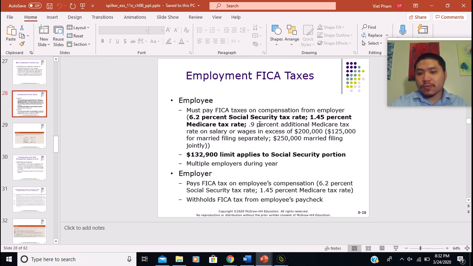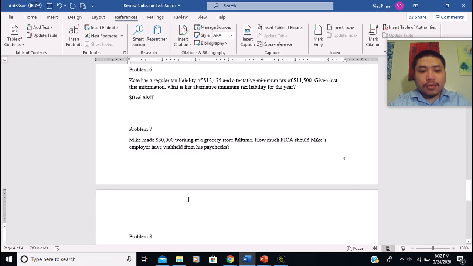So the taxpayer is going to have to pay 1.45% of whatever they are making. So look at our case here. Mike makes $30,000.